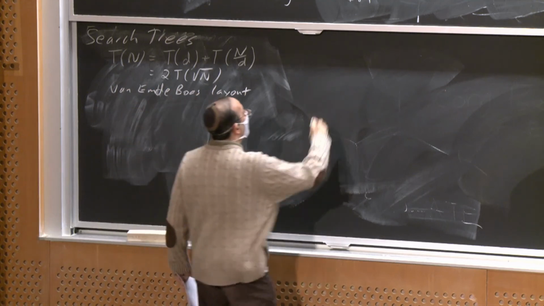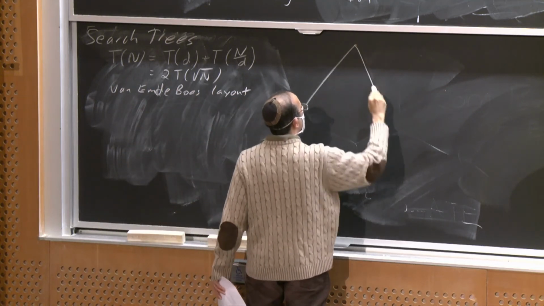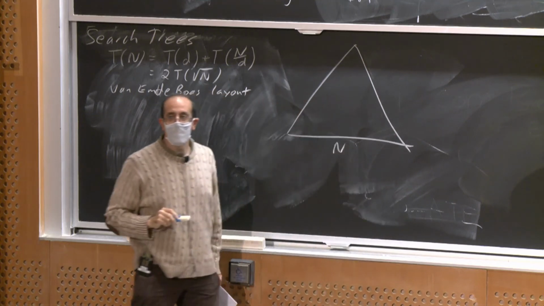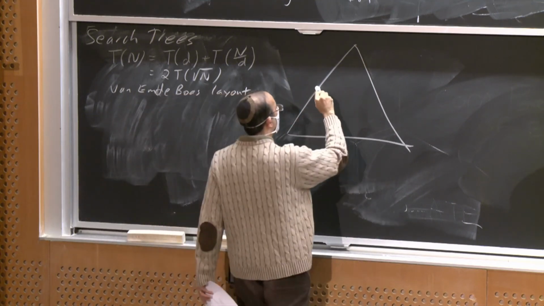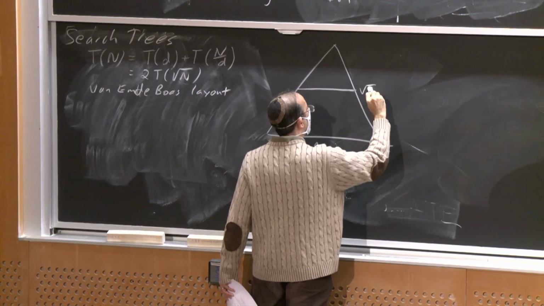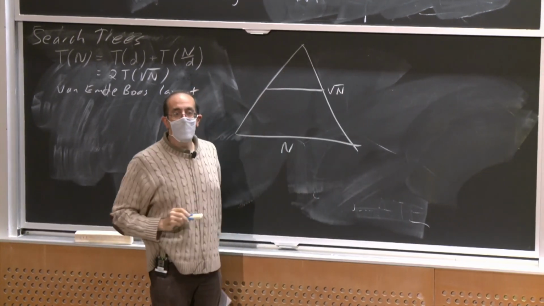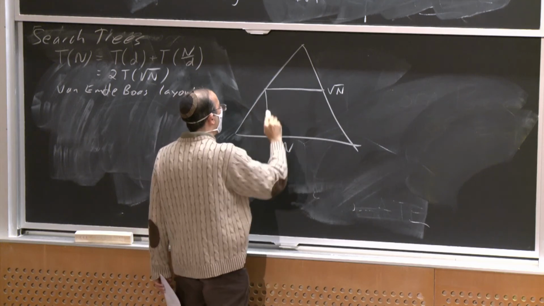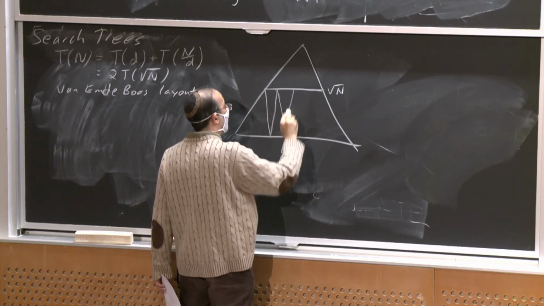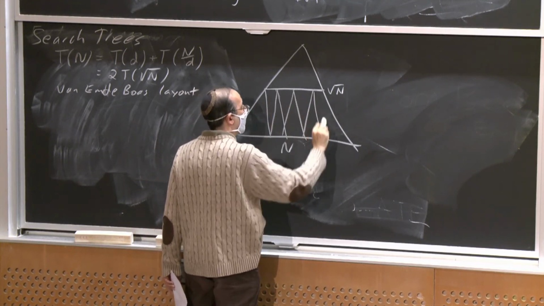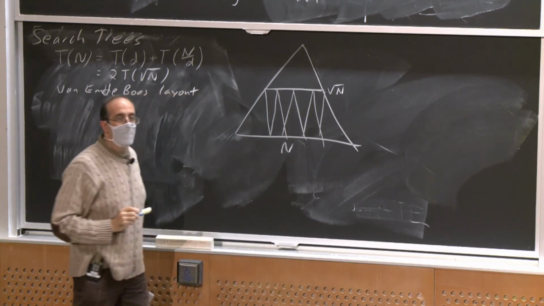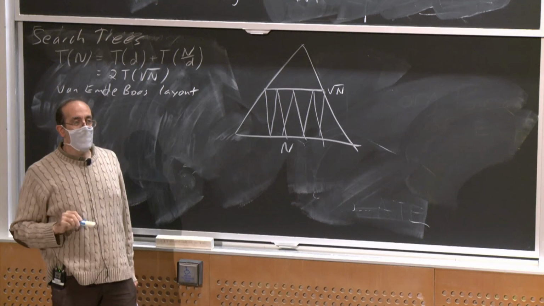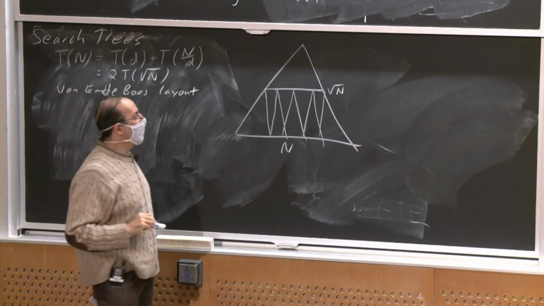Okay. What we do is we say, we want to build a search tree on N items. We make a search tree on root N items at the top, and then we have a bunch of search trees on root N items below. Okay. And we're going to lay out the data in memory in this form.